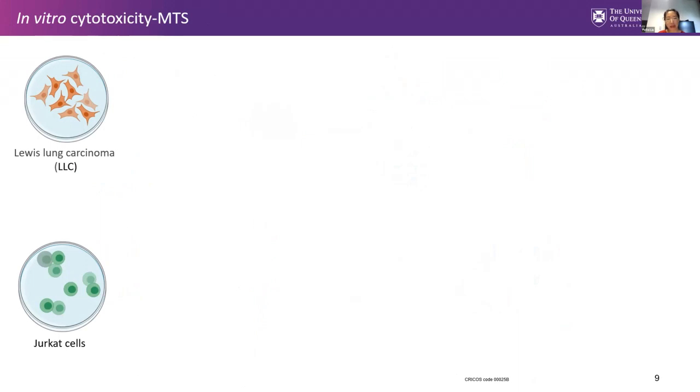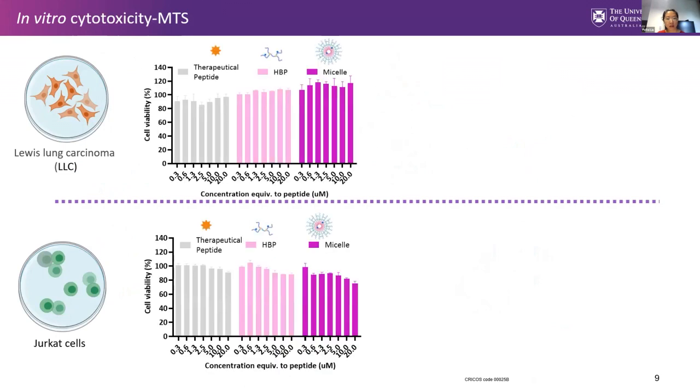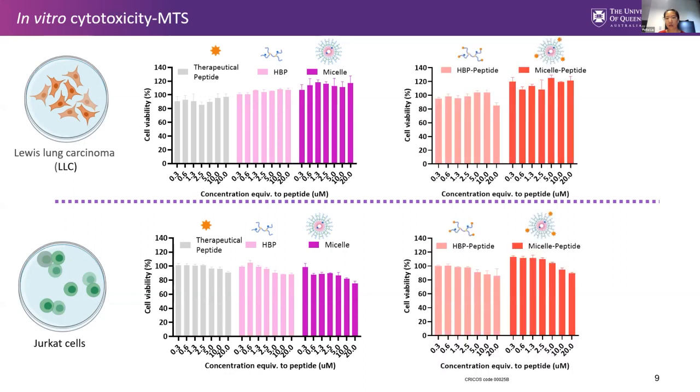The MTS assay has shown, when each component was treated with the cells, the components here meaning the free peptide or the polymer itself, you can see the cell viability remains very good, which means each component is non-toxic. And then we added our material to the cells, and you can see the results here. Our material is also non-toxic.